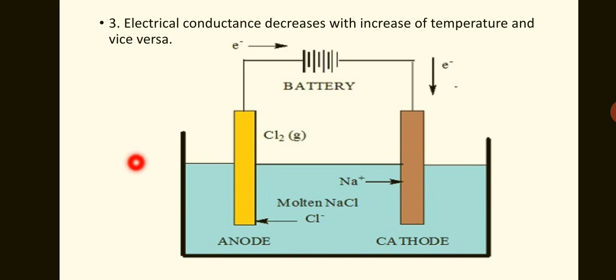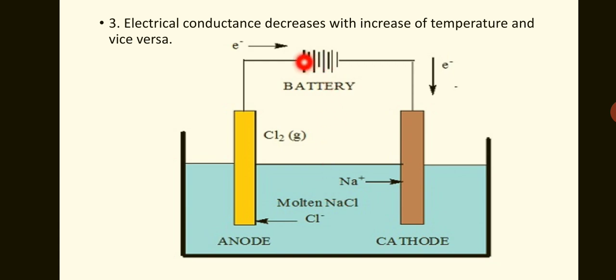You can see one electrolytic cell is given here, anode with yellow color and cathode with gray color, and one battery is connected between anode and cathode, and molten NaCl is taken as an electrolyte in the container.